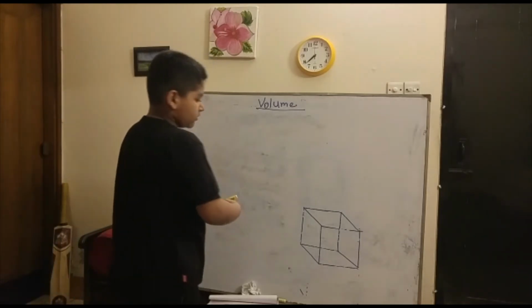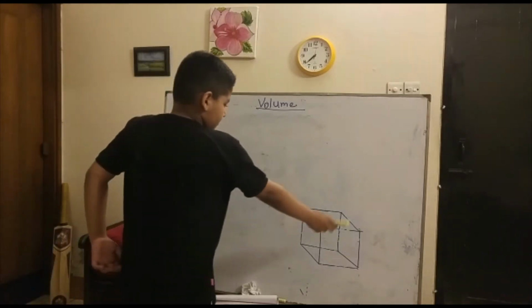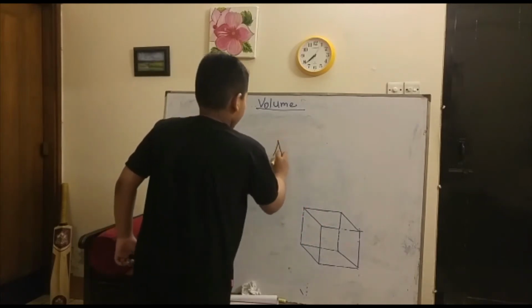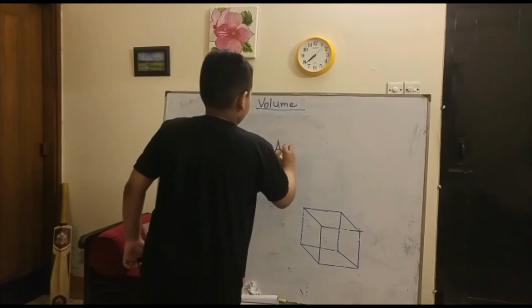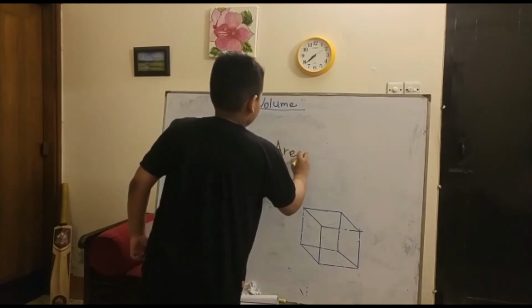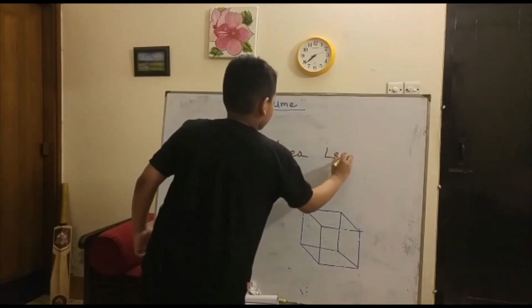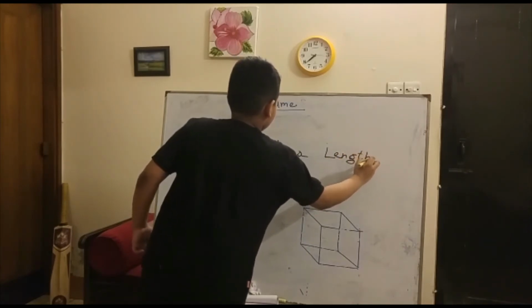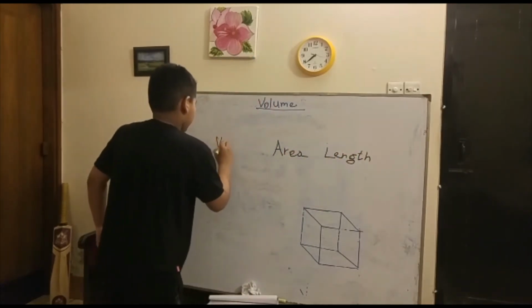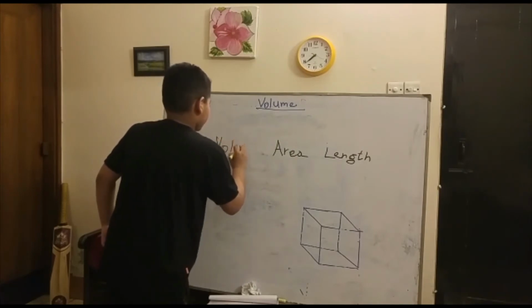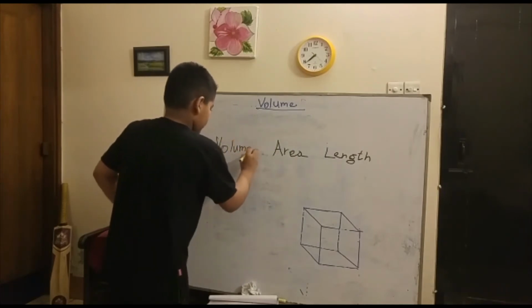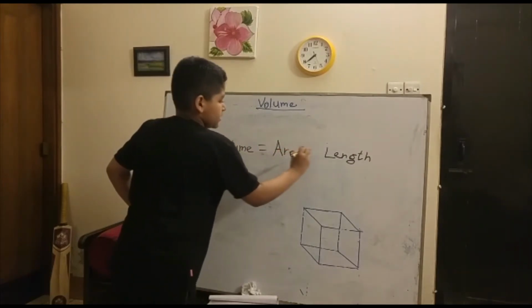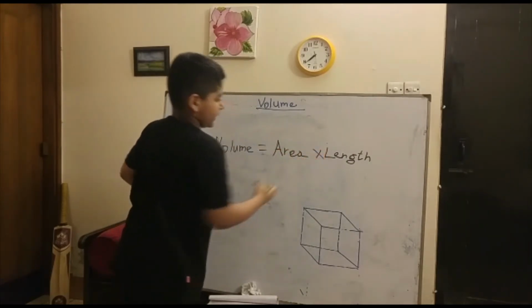So a rectangular prism and a cube both have the same formula. Volume equals area times length.